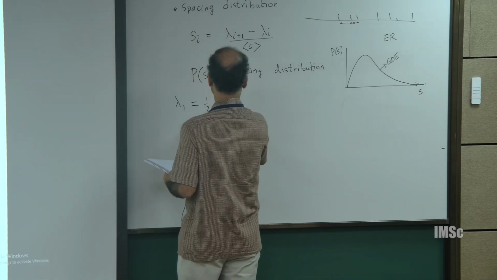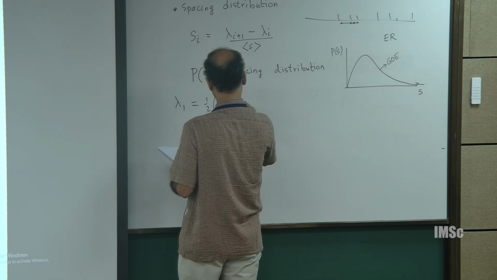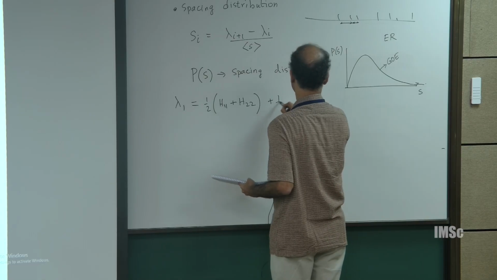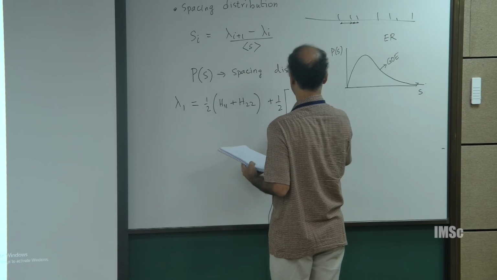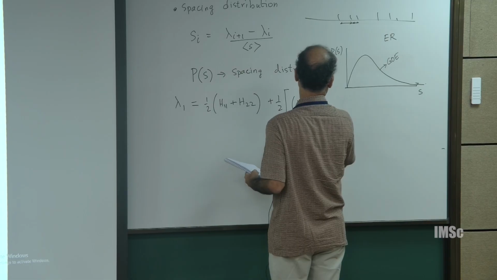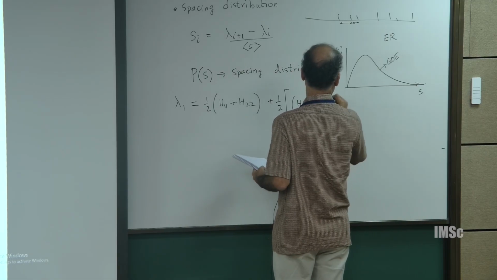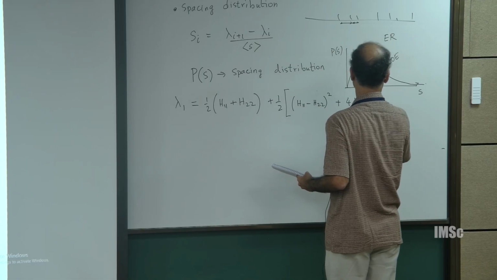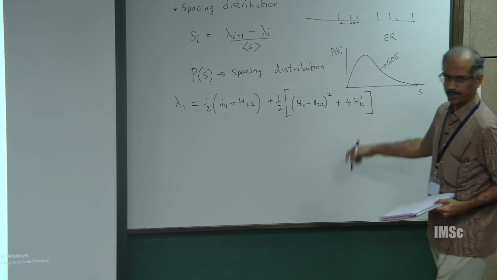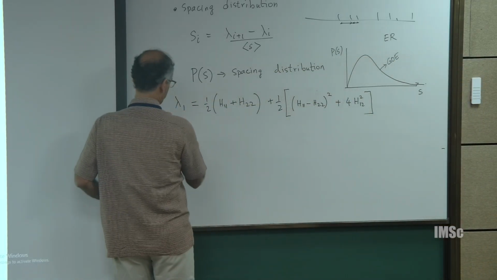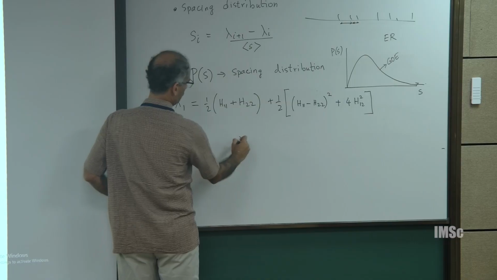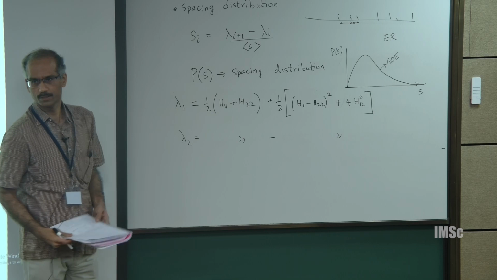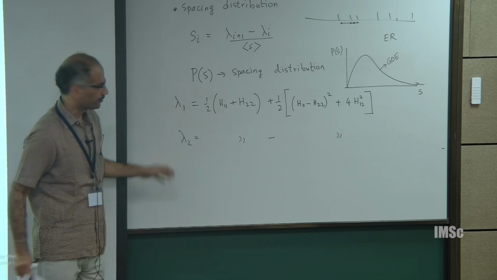Lambda 1 will be half of this, so this is one eigenvalue. The other eigenvalue will look very similar. Lambda 2 will be the same, with a minus sign here, and this part will be the same. So these are the two eigenvalues.